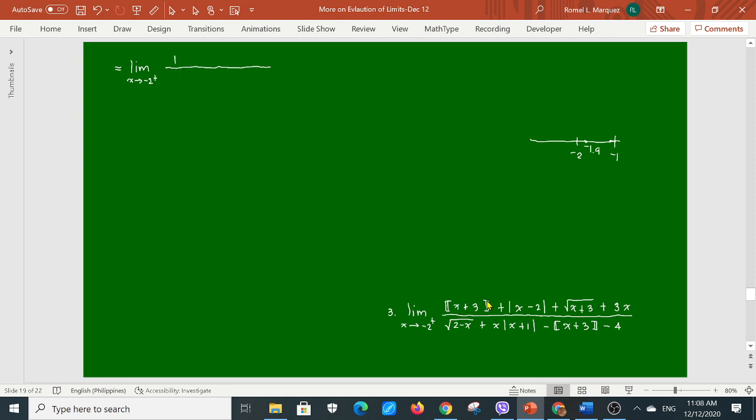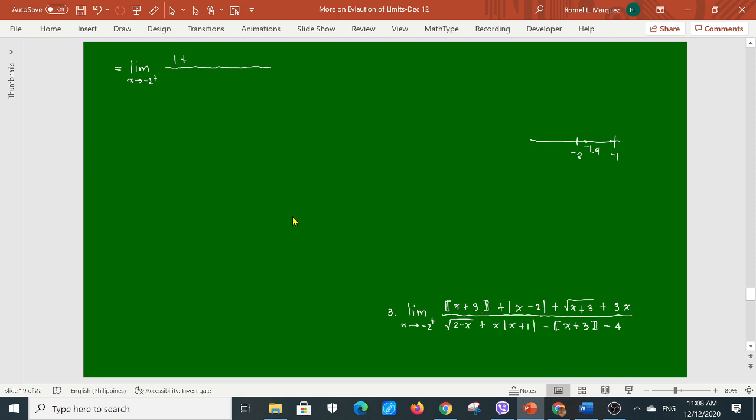For this, okay? And then plus, how do we remove the absolute value? Let's remove that, so that in case you have a problem later, at least there is no more absolute value. So if you have an absolute value, to the right of negative 2, this is negative 2 minus 2.